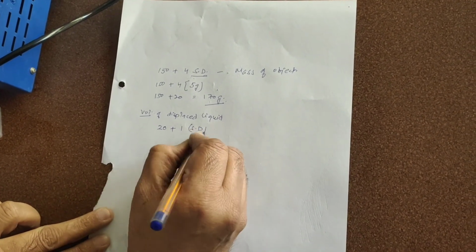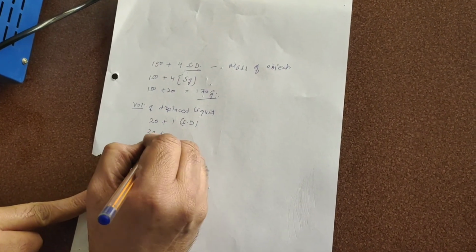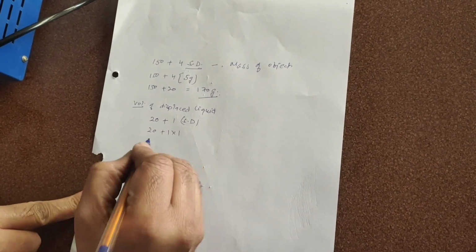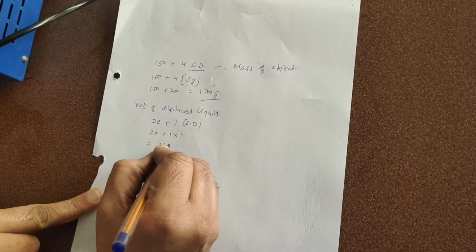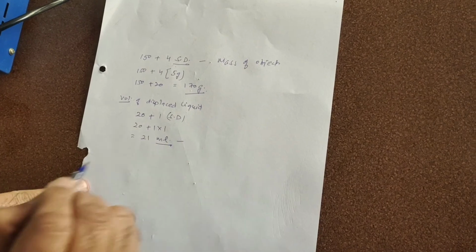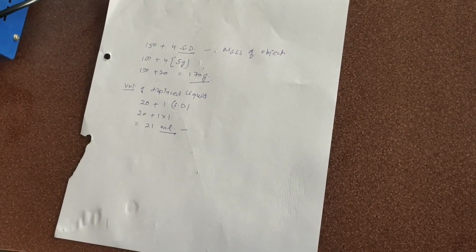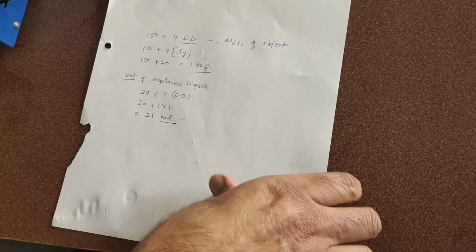In this case, small division was 1 ml into 1. So it becomes 21 ml. So this is volume of the object. Now we can easily find the density of this solid. I am moving on to the board.